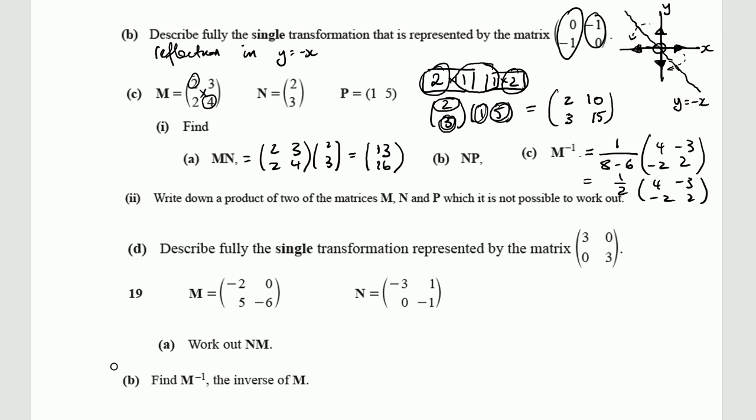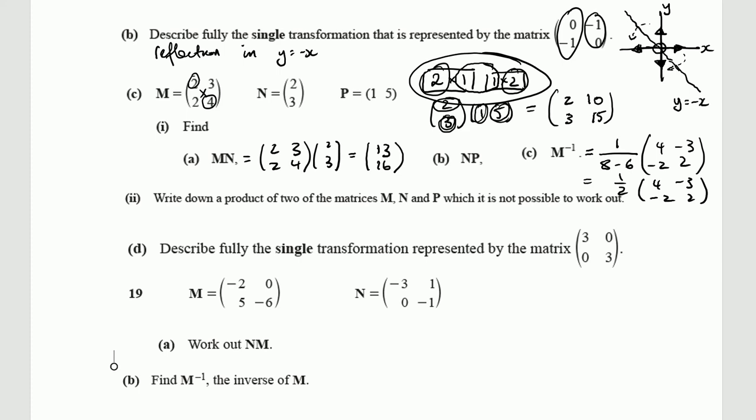Now for the next part of the question, we're asked to write down a product of 2 of the matrices, M, N, and P, which it is not possible to work out. So remember the domino rule. We can only multiply together 2 matrices if they follow the domino rule with their rows and columns.